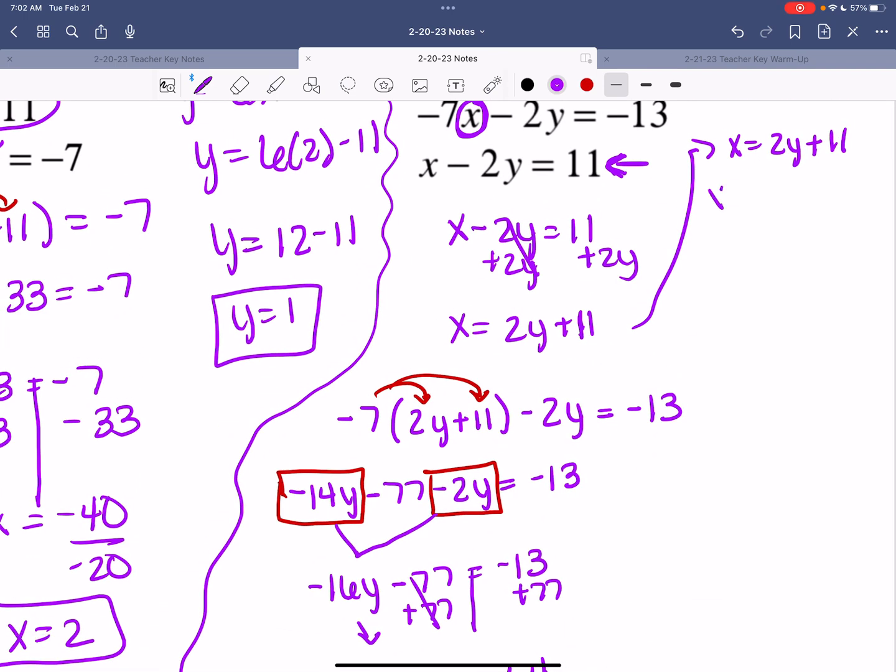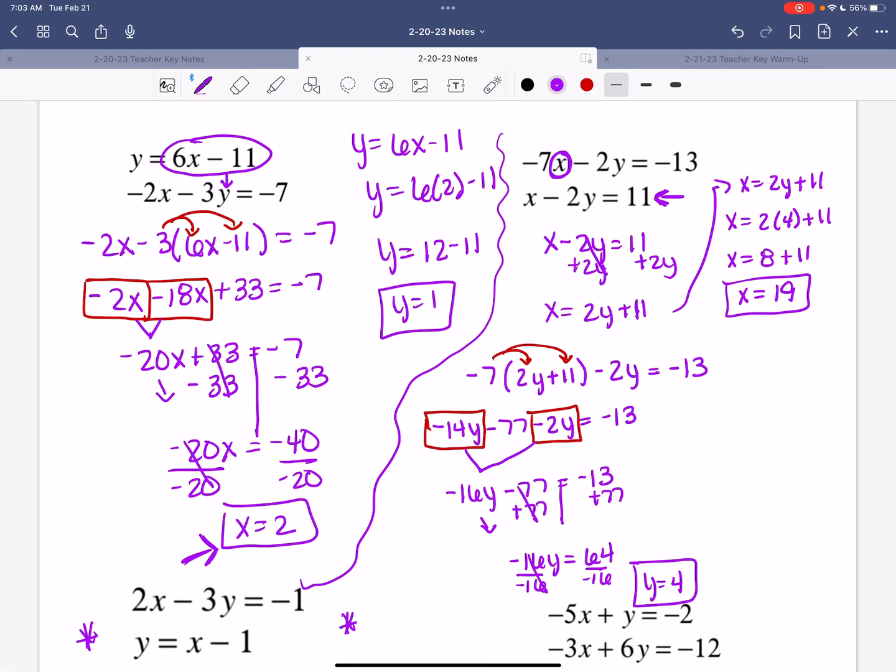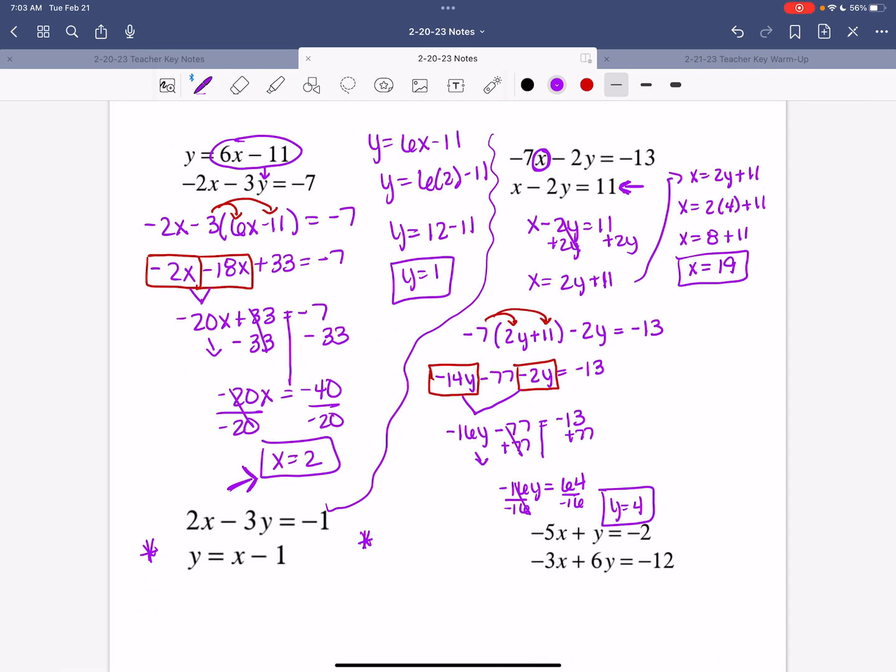So x is equal to 2 times 4 plus 11. x is equal to 8 plus 11. So x is going to equal 19. Again, whichever way you substitute, make sure it's a one-step easy process.